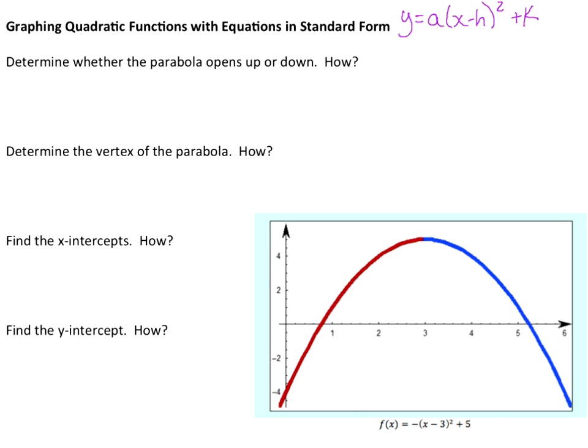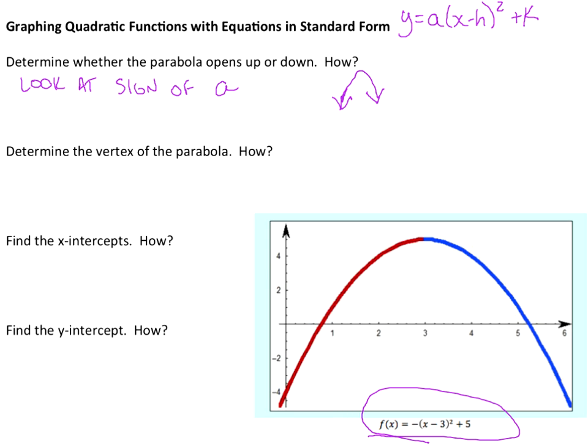We have our function here, and we can see that a is negative, so our particular parabola opens downward. But in general, how we figure that out is we look at the sign of A. Once again, positive A opens up, negative A opens downward.